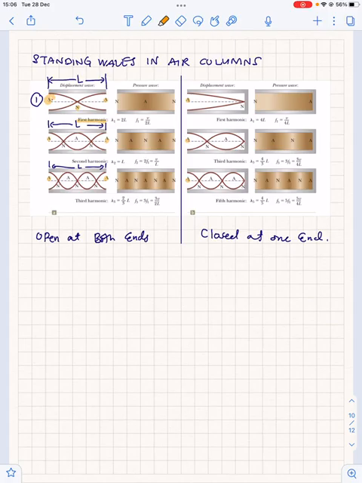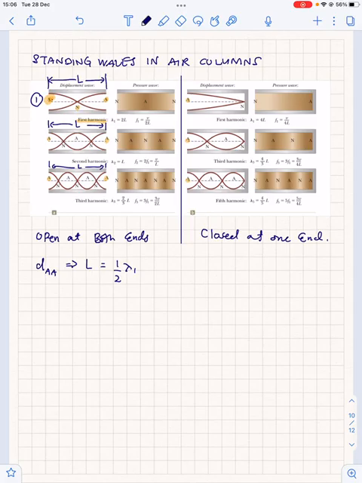As we can see here, the distance L right now is from antinode to antinode. As we recall from the previous one, the distance from antinode to antinode will be L equals 1 over 2 lambda 1.